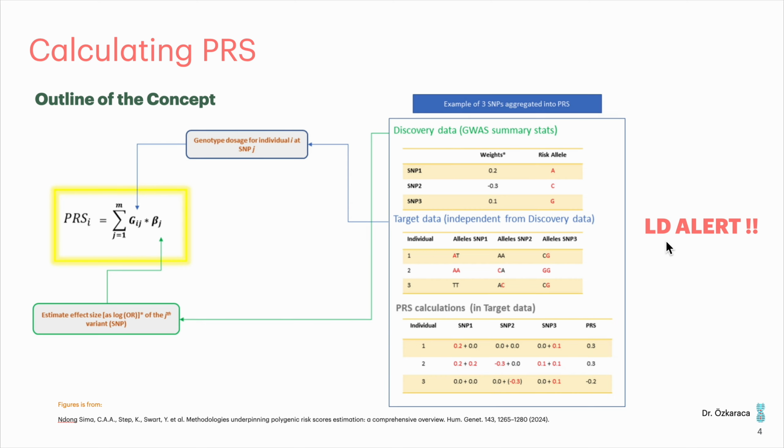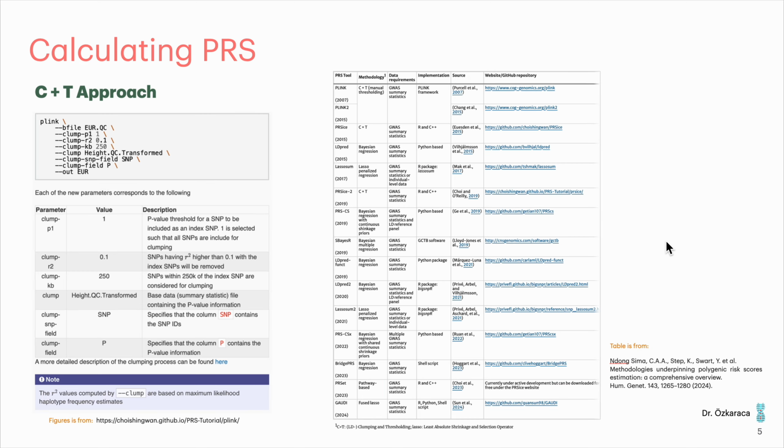Therefore, when we talk about polygenic risk score calculations, what we do is something called the C plus T approach, which stands for clumping plus thresholding. I will not go over the details of this, but there is a very good tutorial that you can go through at your own pace to learn how to do polygenic risk score calculation in Plink or other software.